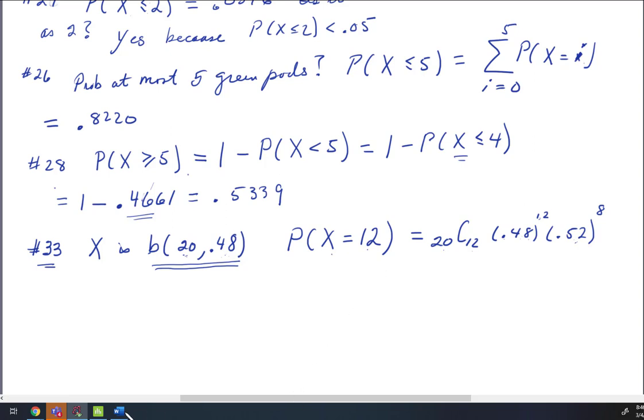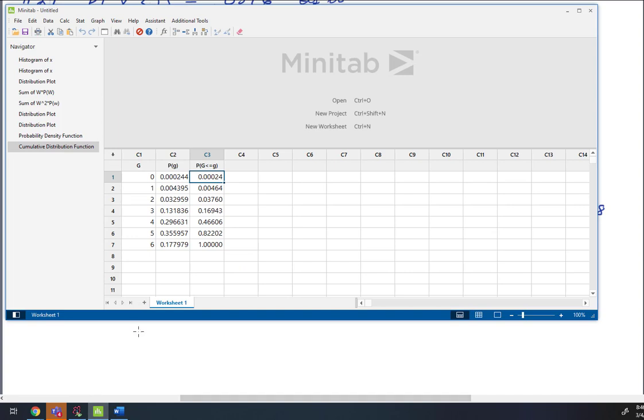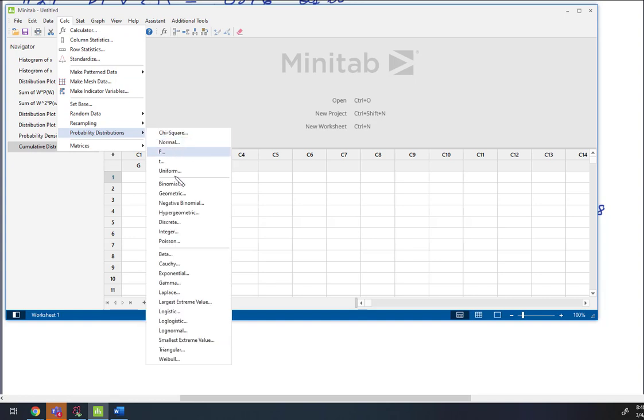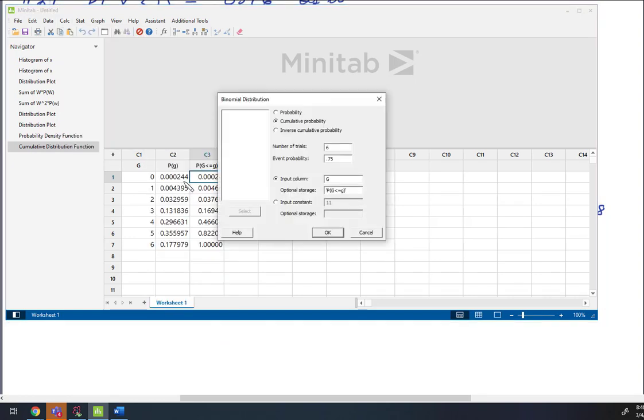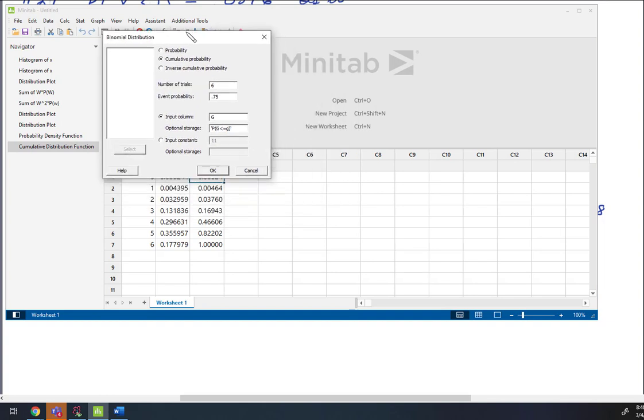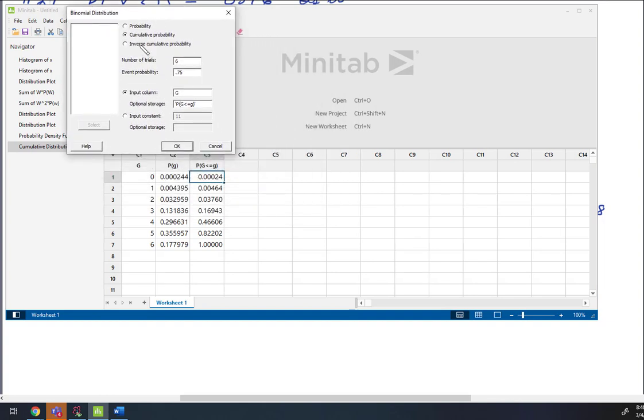So I want to just show you how to do that in Minitab. So let's go to calculate probability distributions and a binomial. So far we've done all this before, and we've seen this menu before.